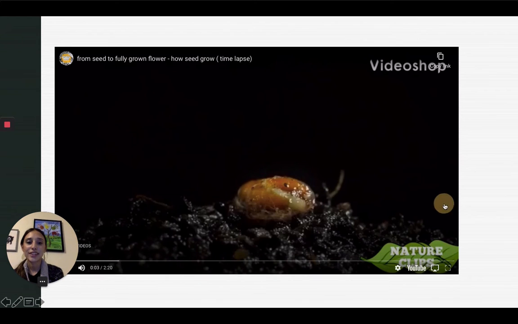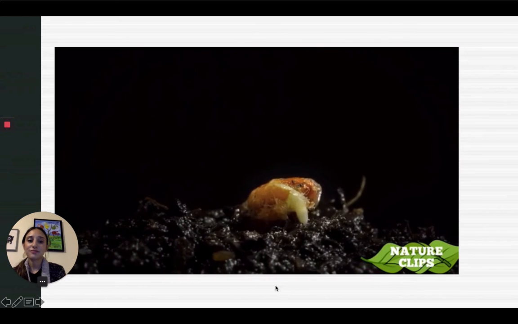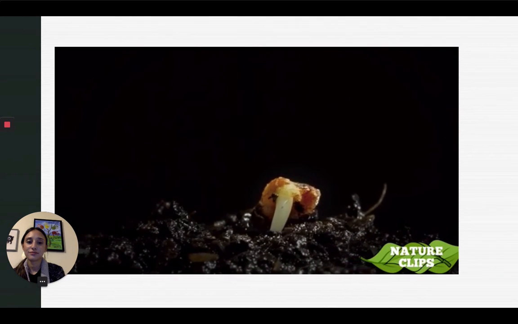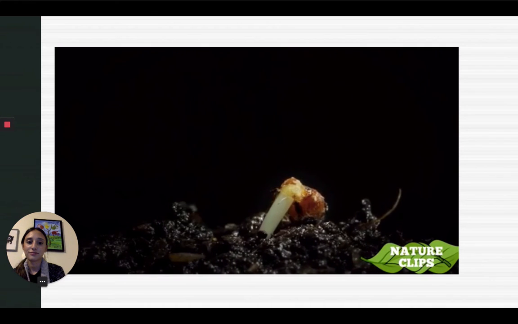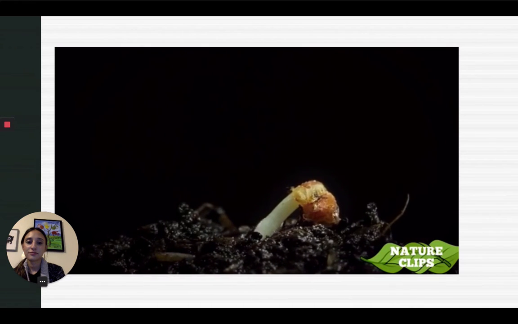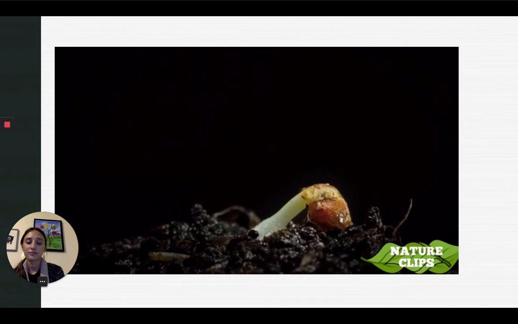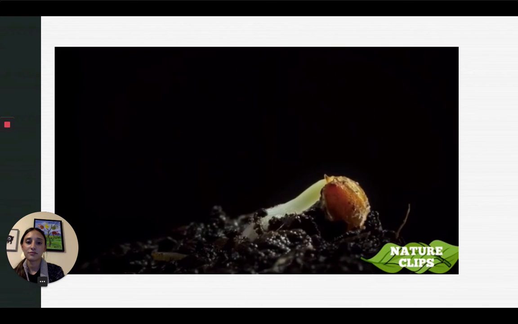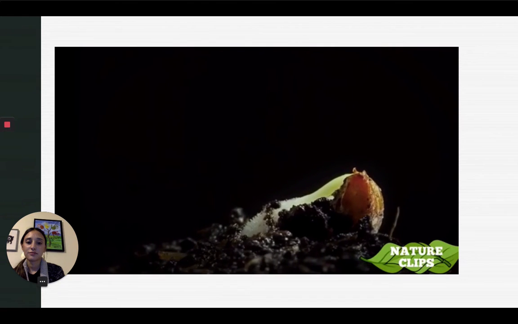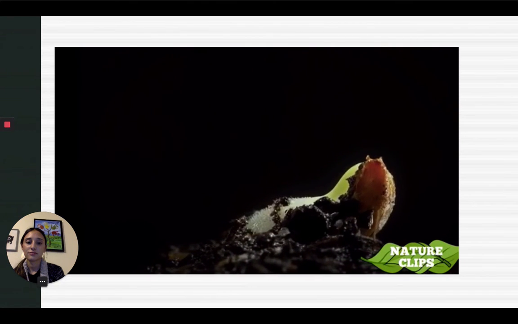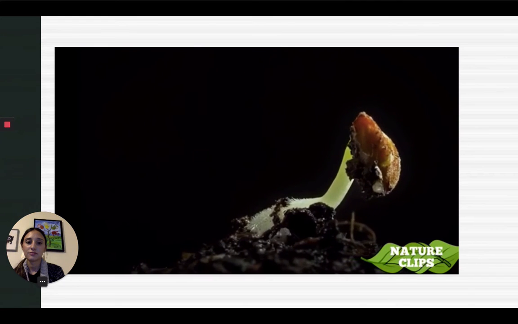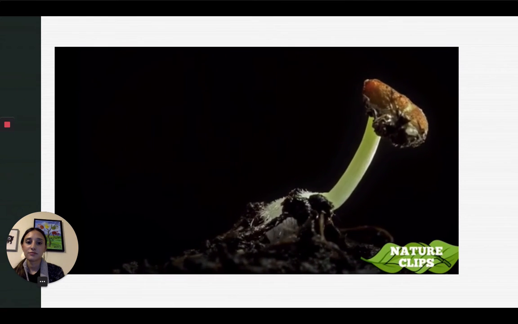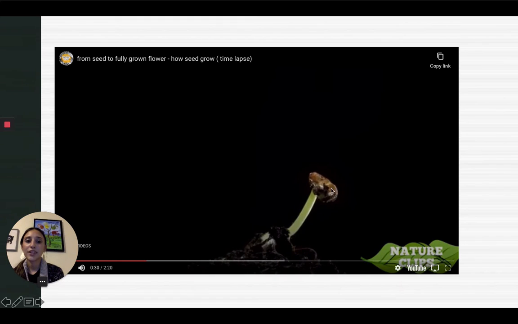So here you can see that it's starting as a seed, okay? So here in the video, we can see that it's starting to sprout, right? We can start seeing the green on it. It's starting to sprout.